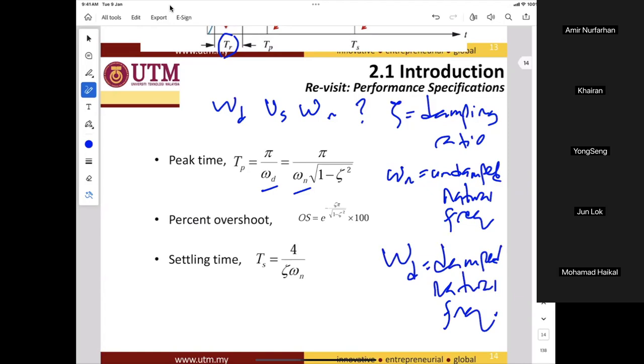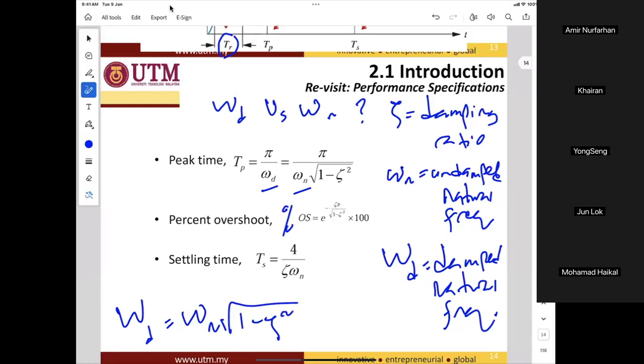So we can say that omega d can also be defined as omega n times the square root of 1 minus zeta squared. And then the percentage overshoot, please use the symbol OS percent.